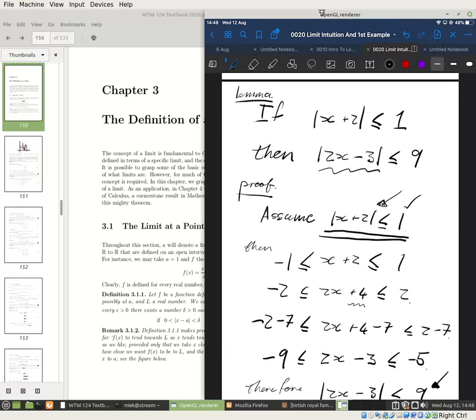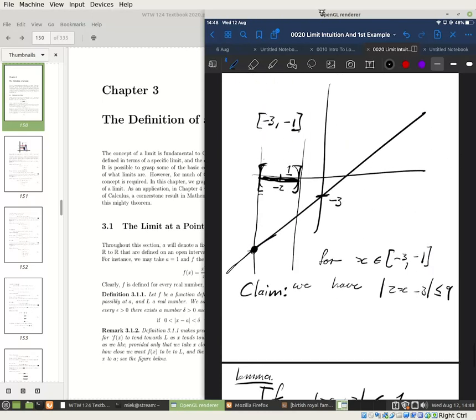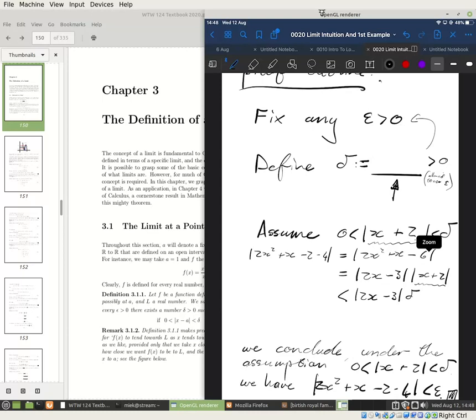So we see here, if we can force the absolute value of x plus 2 to be less than or equal to 1, we can force this expression to be less than or equal to a constant. If we go back to our proof, if we can force this expression to be less than or equal to 1, we can force this expression to be less than or equal to 9.